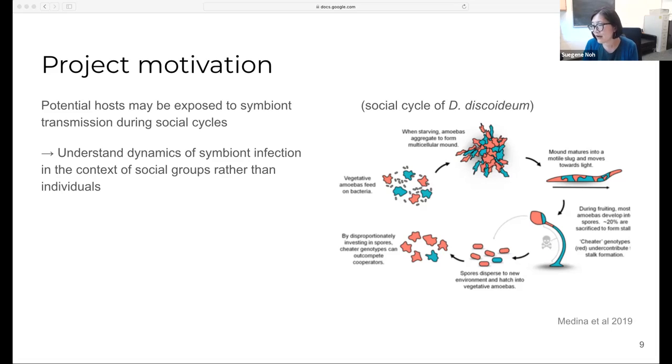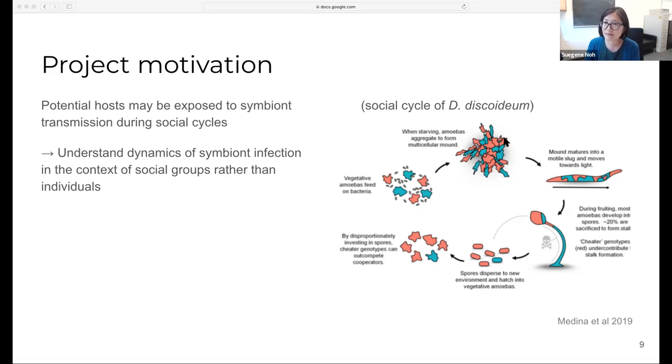When you have amoebas in the wild, they are usually in forest soils, feeding on bacteria. When these bacteria become scarce, usually we think because of seasonal fluctuations in temperature that make it so the bacteria aren't growing quite so rapidly, the amoebas begin to starve. They secrete a cyclic AMP signal that causes them to aggregate and form multicellular mounds.